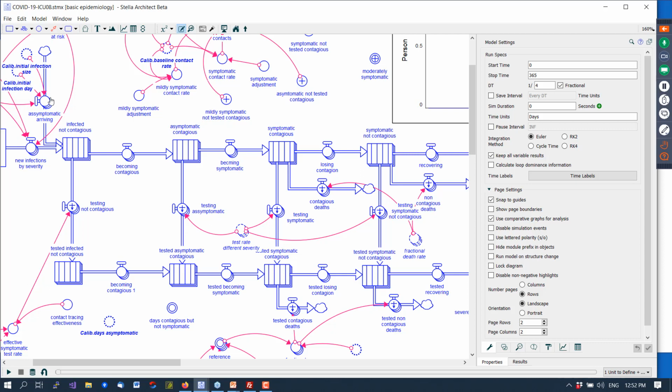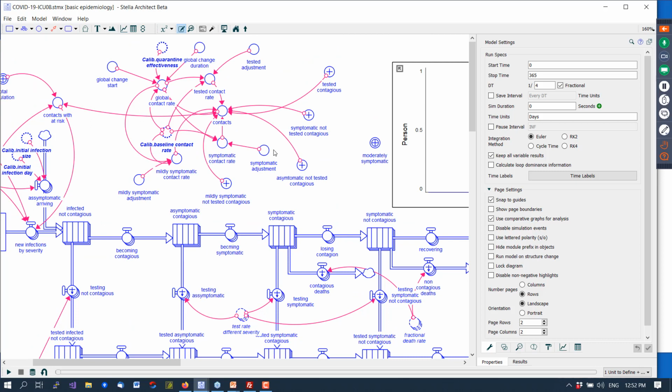And this model also deals with testing, which I haven't been able to mention so far. And any of these groups of individuals can be brought out through testing. And once people are tested, we have behavioral assumptions that show that they behave differently depending upon what their category is, whether they're symptomatic or not, whether they've been tested or not, and whatnot.